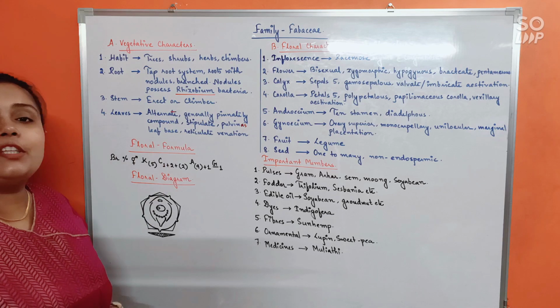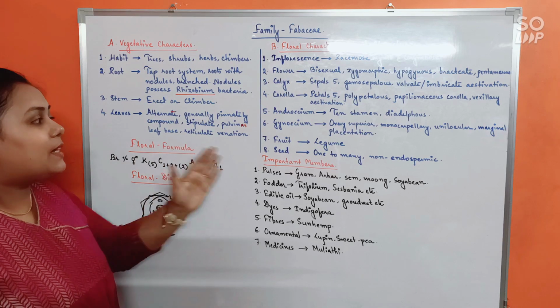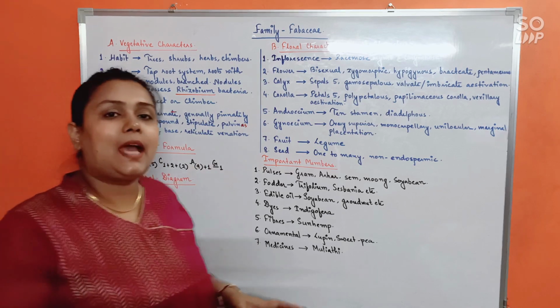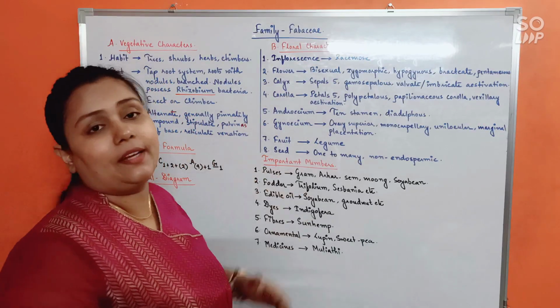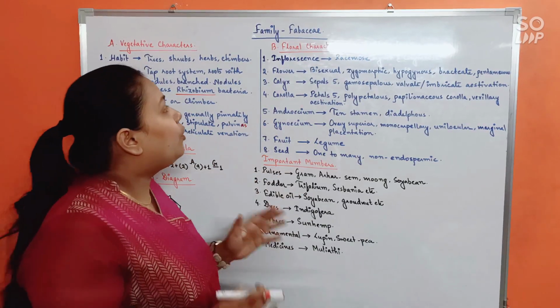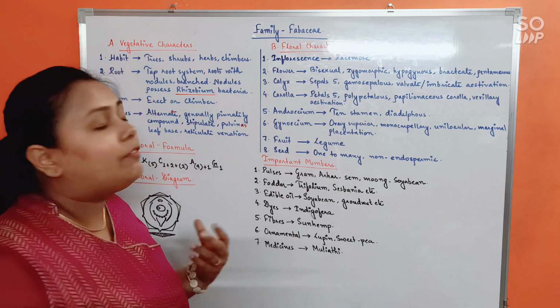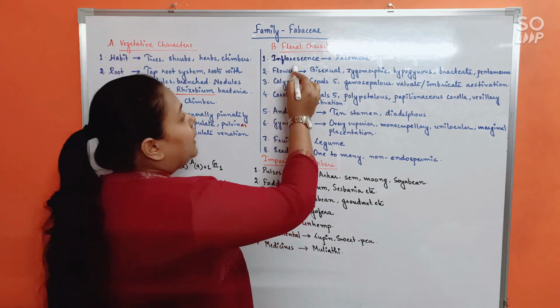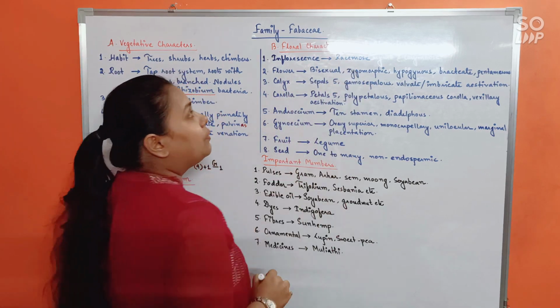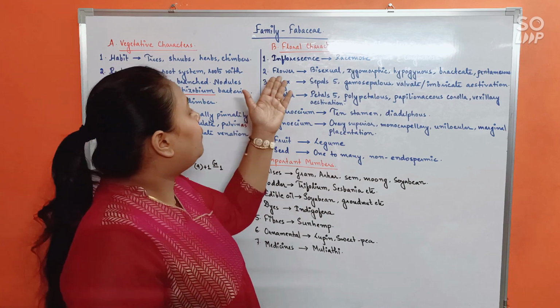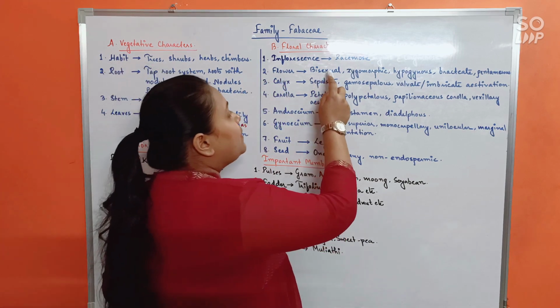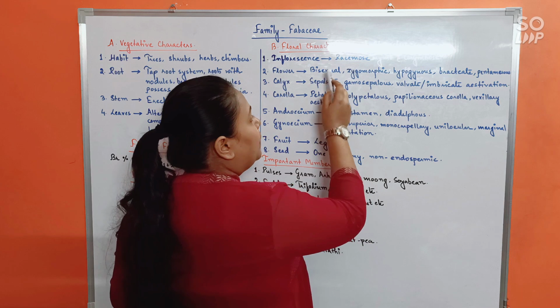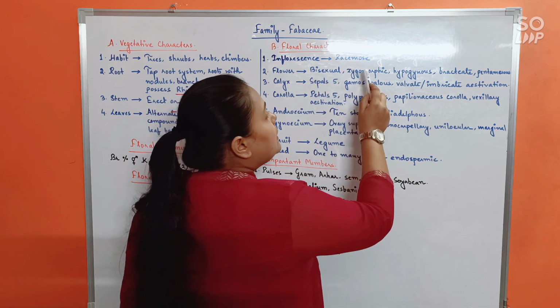So that being the vegetative characteristics, next let us move on to the more important characteristics, that is floral characteristics. Okay, so floral characteristics of Fabaceae start as such. The inflorescence is racemose. Okay, then the flower would be bisexual. That means both androecium and gynoecium would be present.